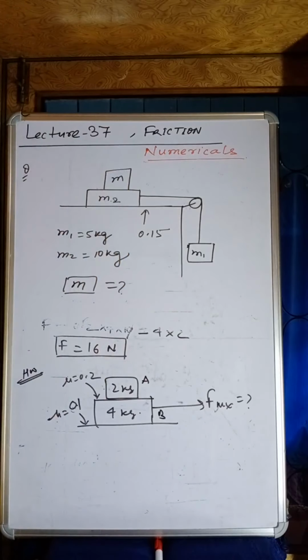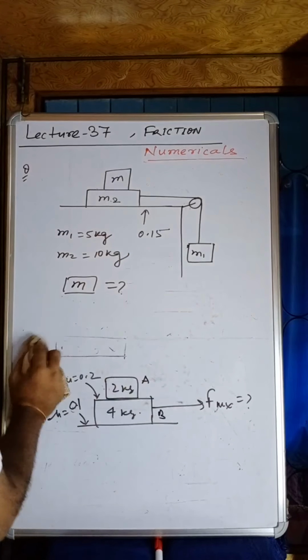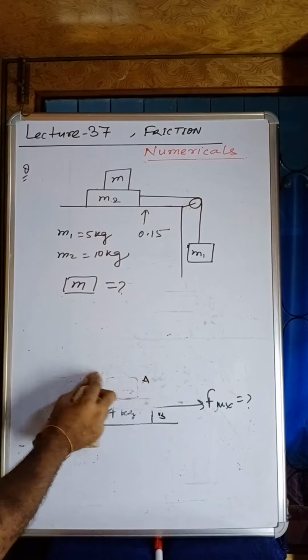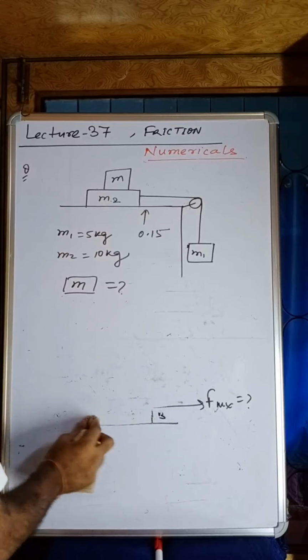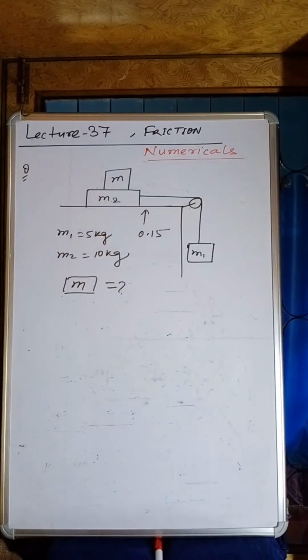This is the question. How much mass should we put over M2 so that motion stops? Try to solve it. Very simple question, my dear students. Remember, this is a very, very simple question.